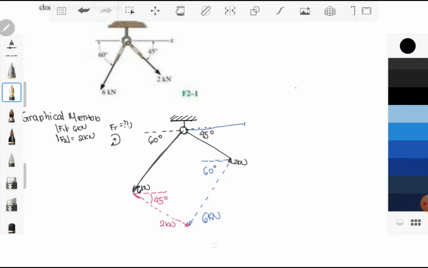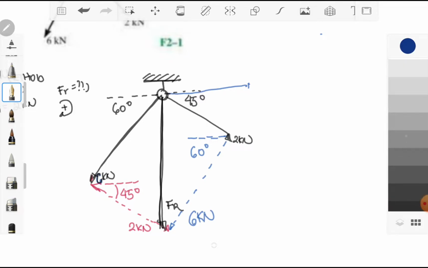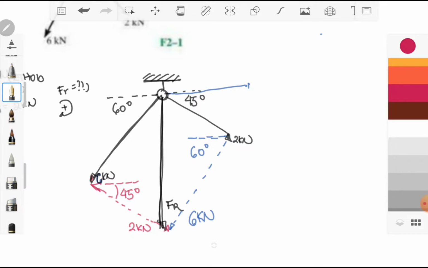Let's say this will be my resultant force, this is our FR. From this point on, when you are talking about the graphical method, you will solve the problem using trigonometry or geometry.